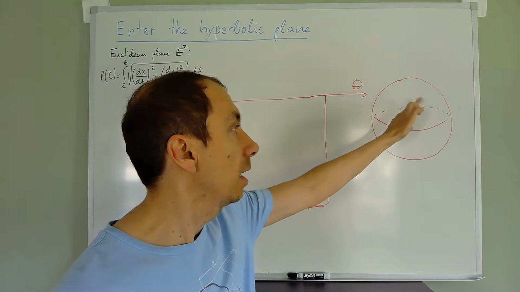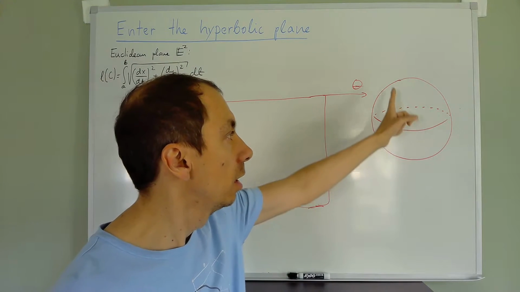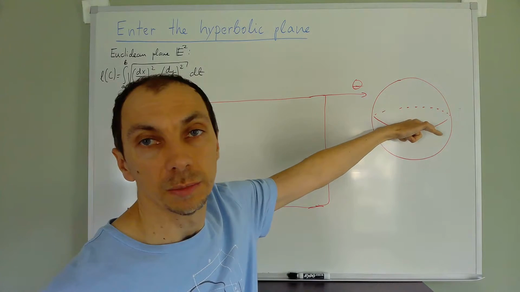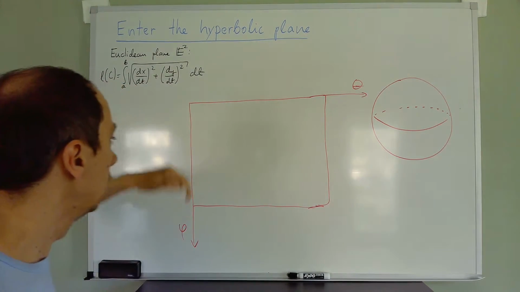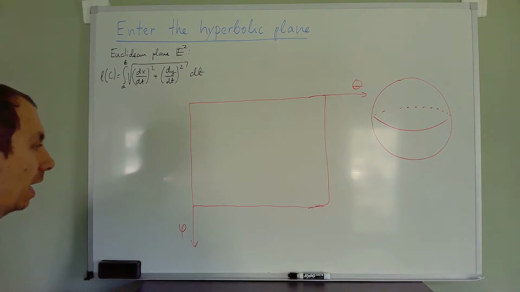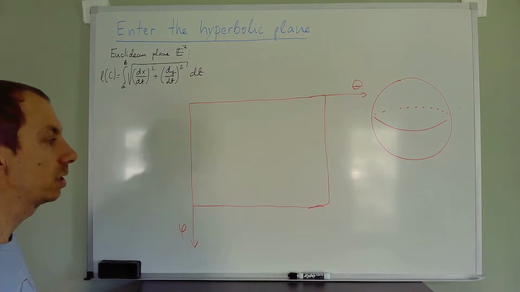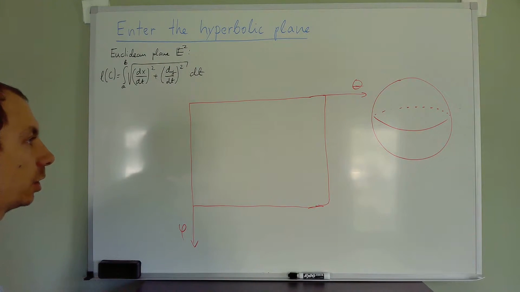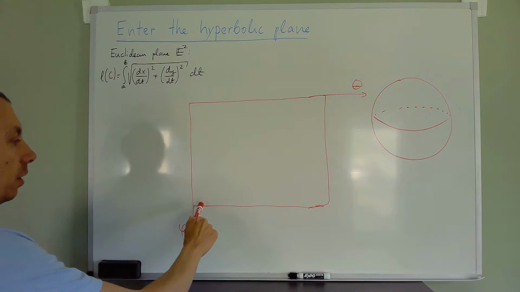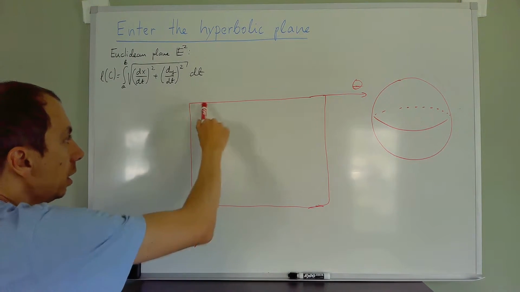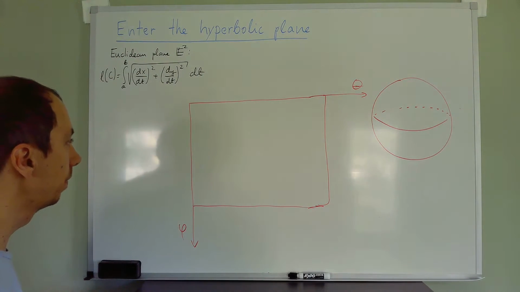So as you move down with the point, the angle increases. So that's why I drew my axis here, but I could have just reversed it, and then the south pole would be here and the north pole would be here.